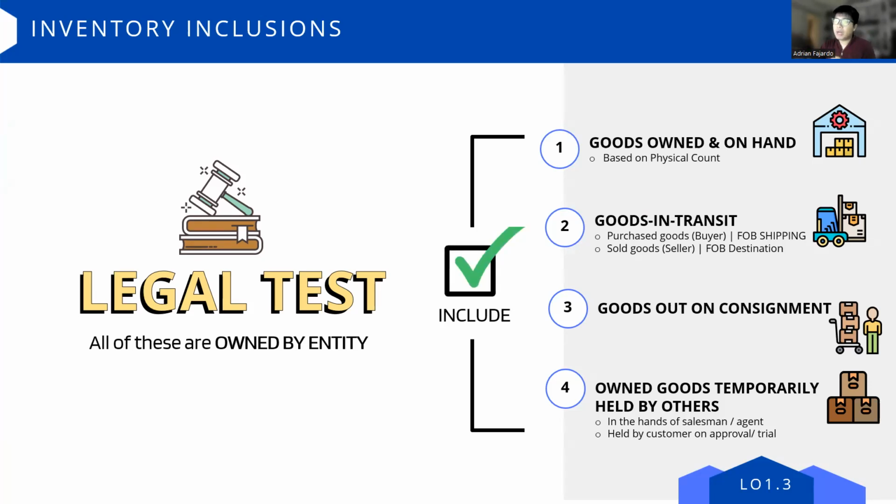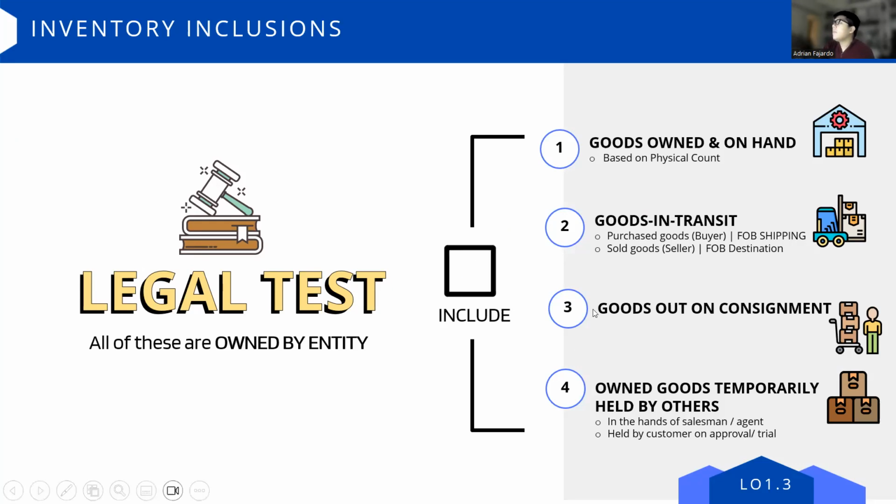So, just memorize muna what is part of our inventory. 1, goods owned and on hand. Number 2, goods in transit under 2 scenarios. If you purchase your goods and you're the buyer and it's FOB shipping, meaning ikaw yung nagbayad ng freight. And pag nagbenta ka ng goods, ikaw yung seller and ikaw yung nagbayad ng freight or destination point.